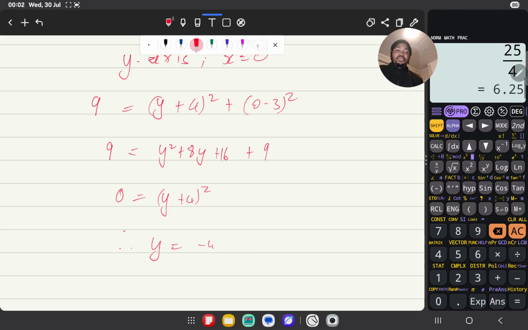So yes, the circle cuts the y-axis at 0, minus 4, because remember, on the y-axis, x is equal to 0.